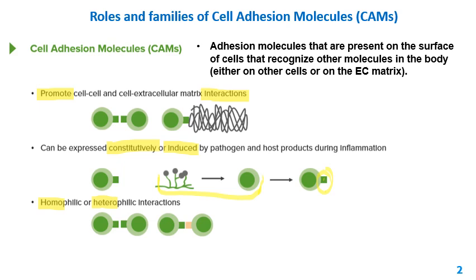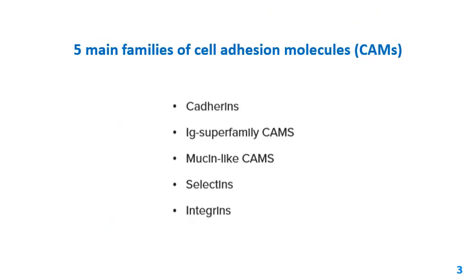Okay, so this is the big stroke paintbrush version of what an adhesion molecule is. And then we know that we have 5 main families of adhesion molecules. When you say cell adhesion molecule, you get the acronym CAMs. So, 5 main families of CAMs.